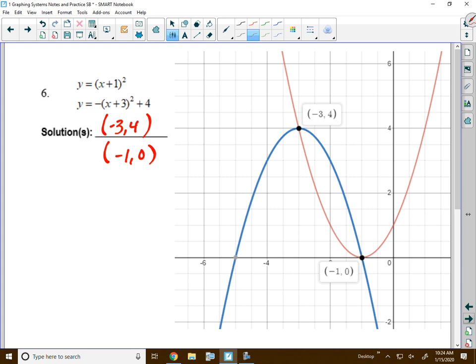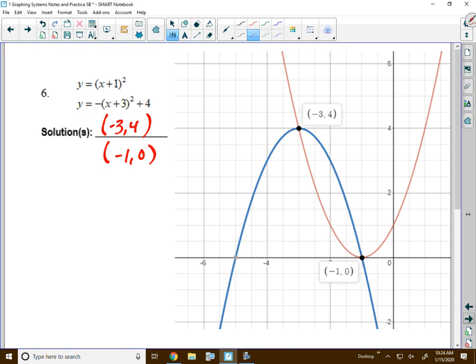Now, one of the issues that I do see is that somebody graphs something on Desmos, and Desmos isn't zoomed in enough, and they miss a point. That can happen, so I always tell you guys, when you learn this, make sure that you press that minus button on Desmos, zoom out as much as you can to make sure that you don't miss an intersection.